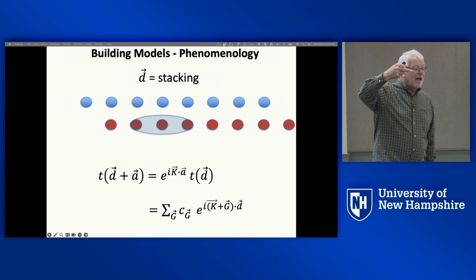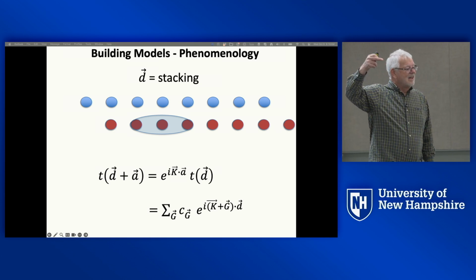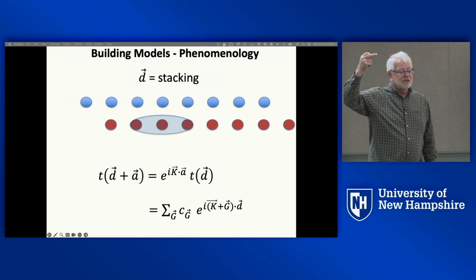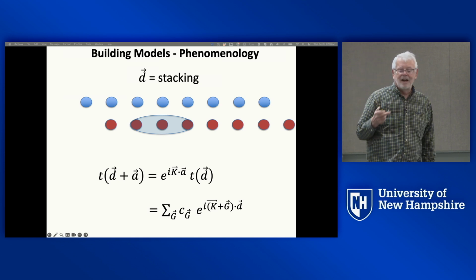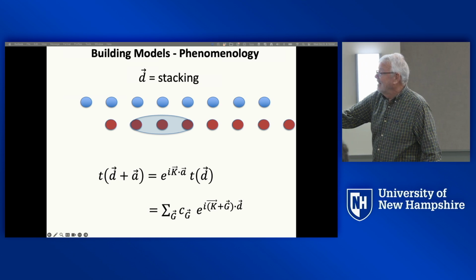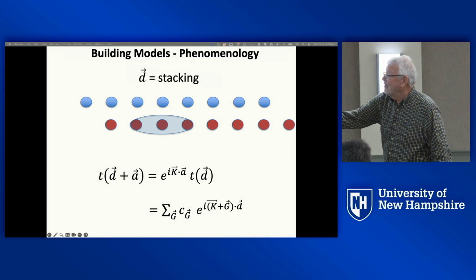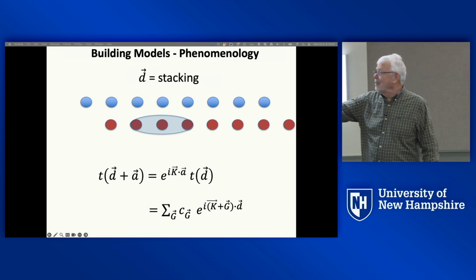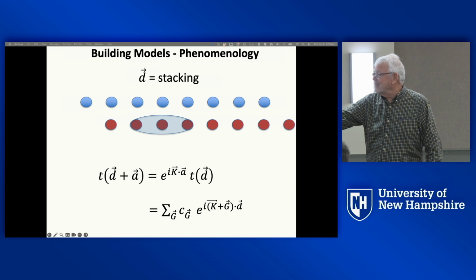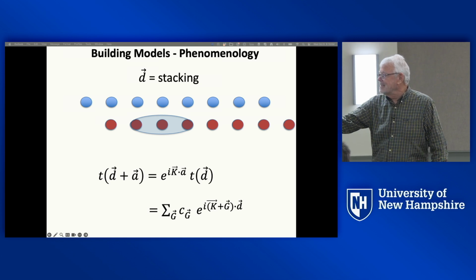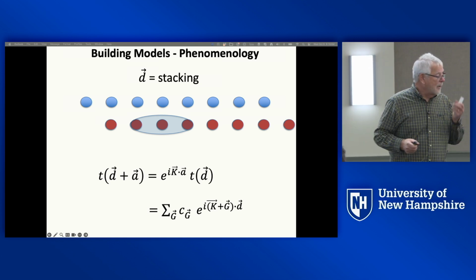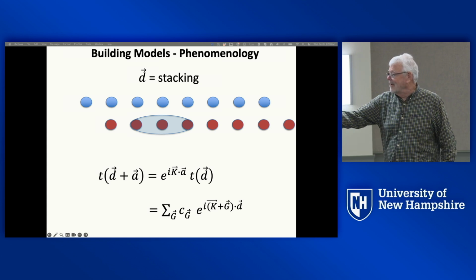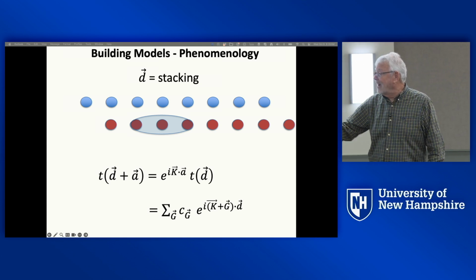So the Bloch wave that I make that has wave vector k will change its phase on the site directly above a reference point in the blue layer. So I get an extra phase factor. The hopping is essentially periodic, but I can take account of this little phase factor.